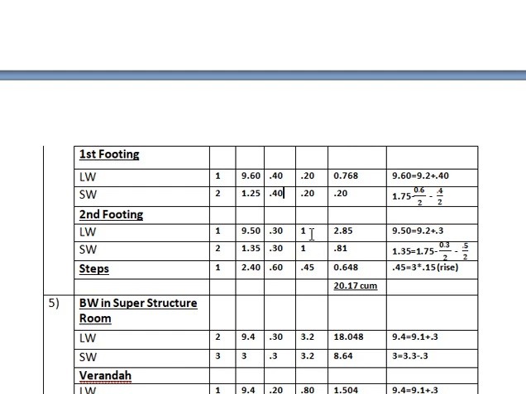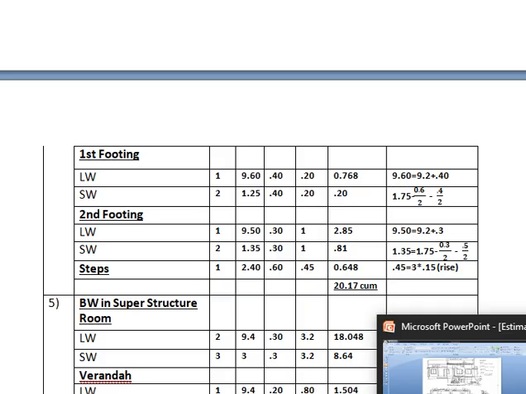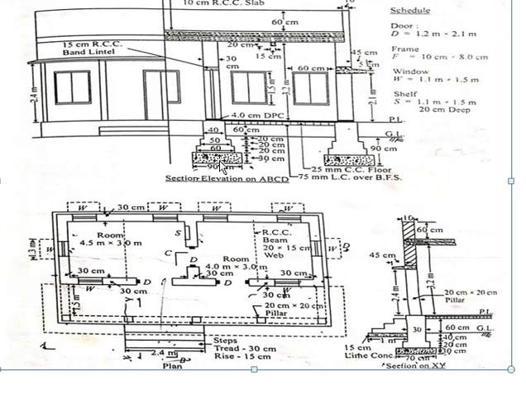That is why we are mentioning here 1 meter. Now talking about the short wall, again we have the two. Now talking about its length, the original length is 1.75. Now talking about the second footing, on this side we have 0.5, and on this side the second footing is 0.3.